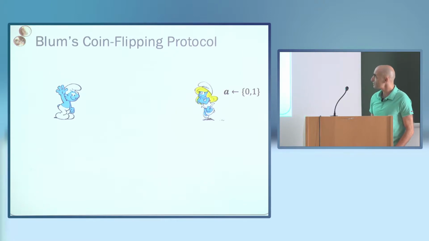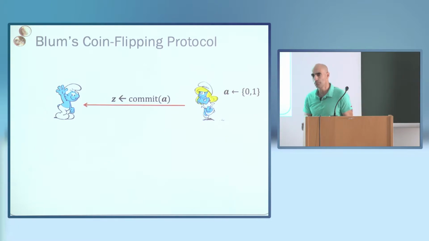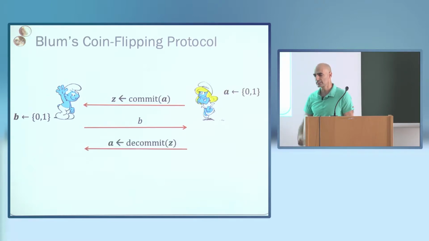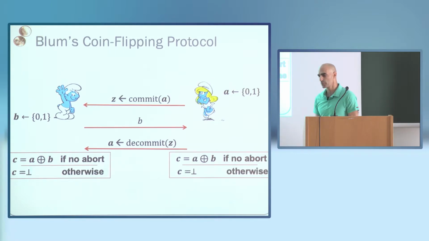Here, Alice samples a random coin A, and rather than send the random coin to Bob, she sends a commitment to A. Bob, in return, samples a random bit B, sends it back to Alice in the clear, and now Alice decommits to A, and both parties output A XOR B as their output. Unless one party is identified as being a cheater, in which case the other party outputs an abort. Sorry, outputs a special symbol bot.